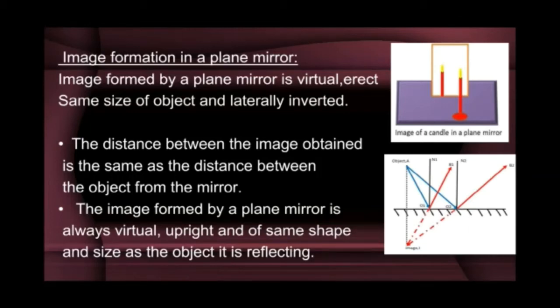The distance of the image from the mirror is the same as the distance of the object from the mirror. The image formed by a plane mirror is always virtual, upright and of the same shape and size as the object it is reflecting.